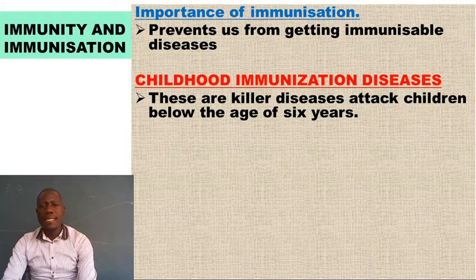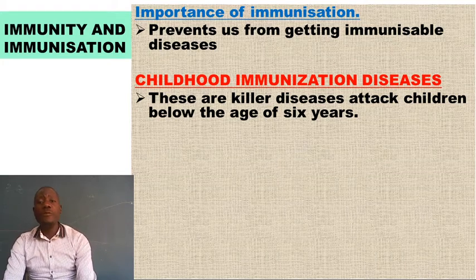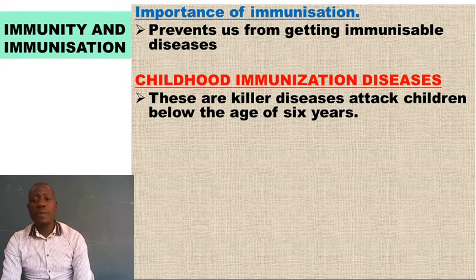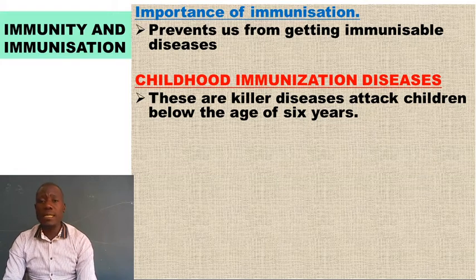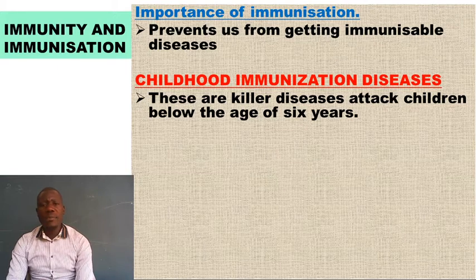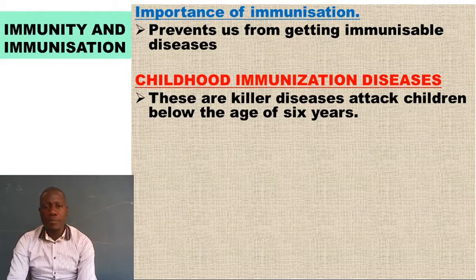These are killer diseases that attack children below the age of 6 years. You know, when children are born, some of them are born with very weak immunity. And most children below 6 years are born with very weak immunity to fight diseases. So we have to boost their immunity through immunization. So childhood immunizable diseases attack majorly that age group, 6 years and below.